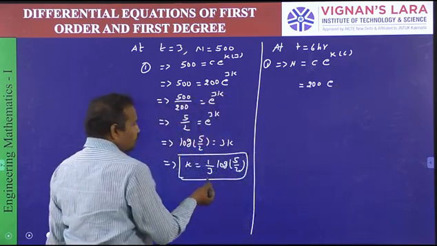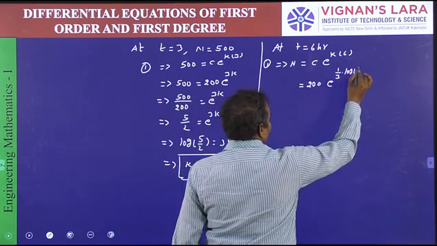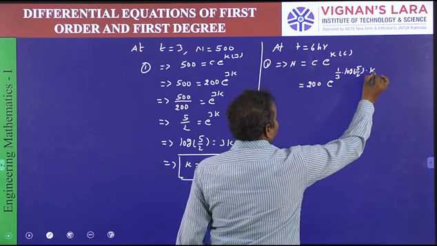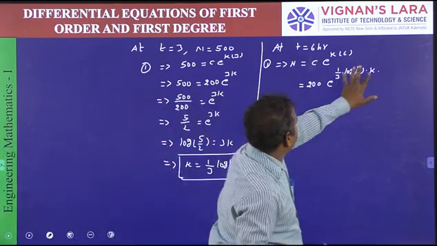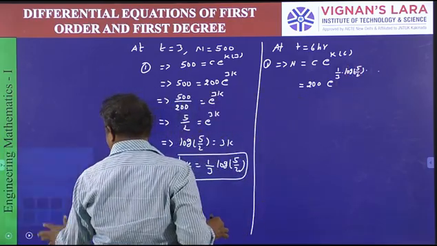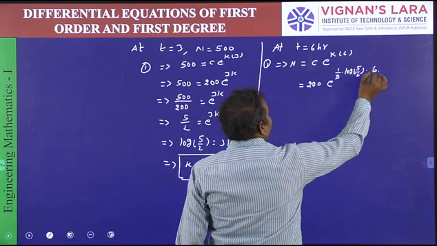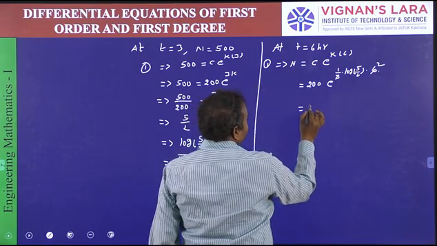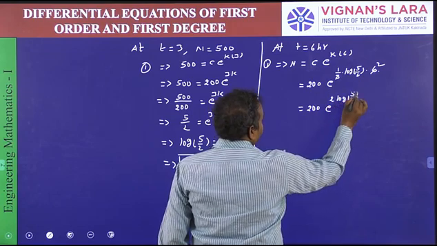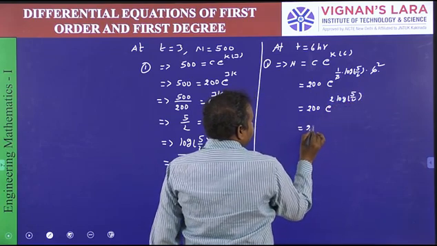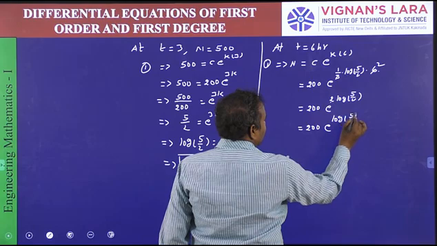E power k value is 1 by 3 into log of 5 by 2, into 6. The 3 and 2 times get cancelled, which is equal to 200 into e power 2 log of 5 by 2. This is in the form of b log a. b log a can be written as log a power b.